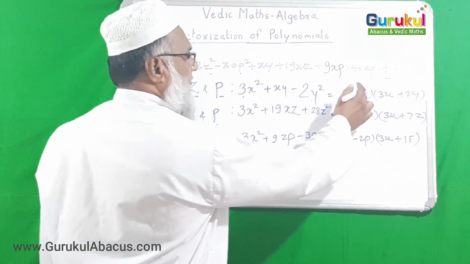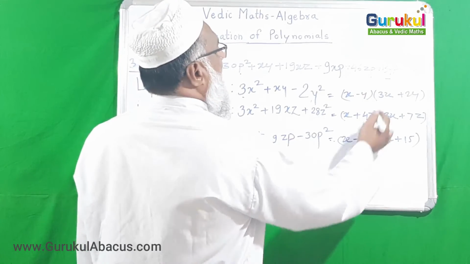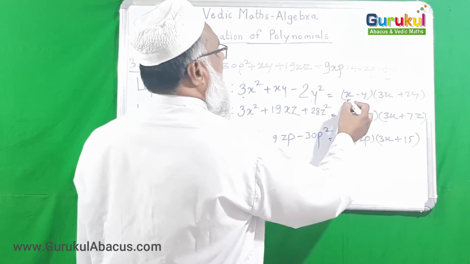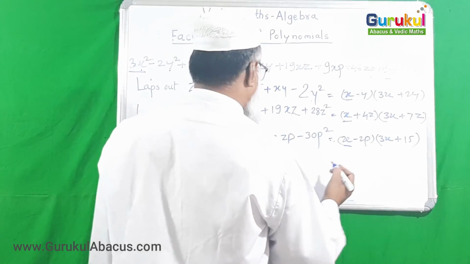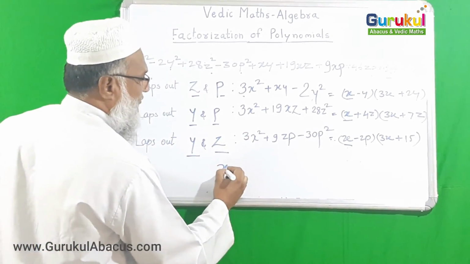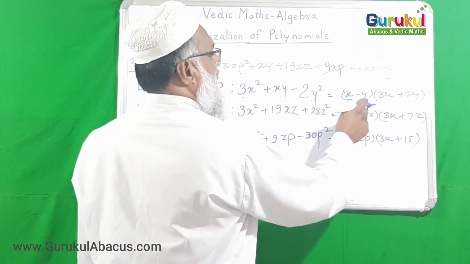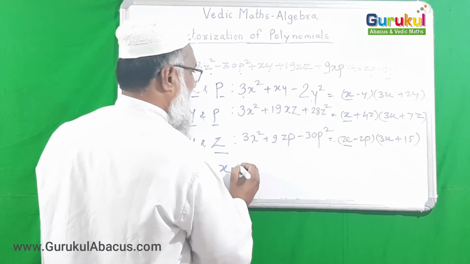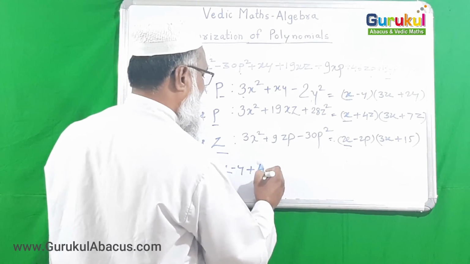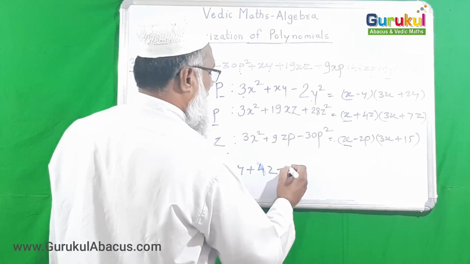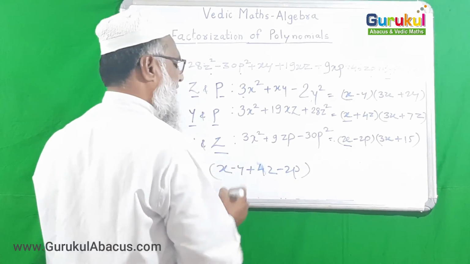Now observe these terms. In the first factors you will see x, x, x, which is common, so we take x. Then take the different terms: minus y, plus 4z and minus 2p. It is your first factor.